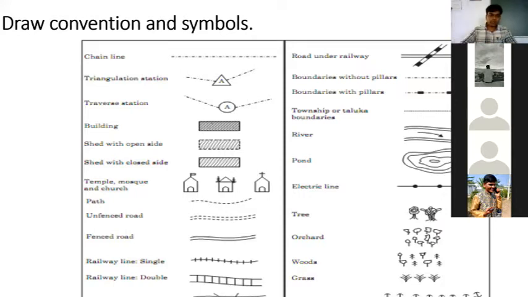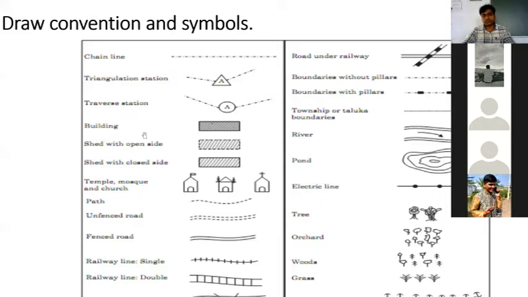It will be a movable point. Whatever movable points we have for temporary purposes, we make them as an oval or round shape, and inside we write the alphabetic name for that particular point. So this will be the traverse station.